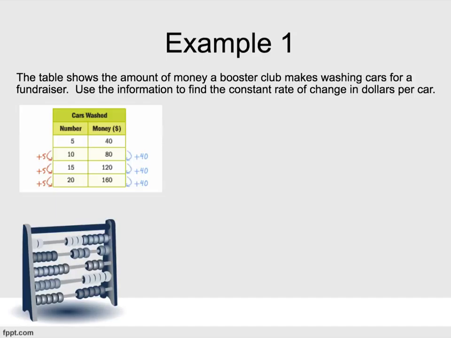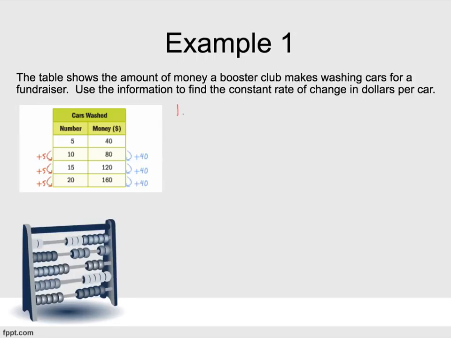So let's look at our first example. It says the table shows the amount of money a booster club makes washing cars for a fundraiser. Use the information to find the constant rate of change in dollars per car. The first thing that we need to do is find the unit rate to determine the constant rate of change. So let's write that down.